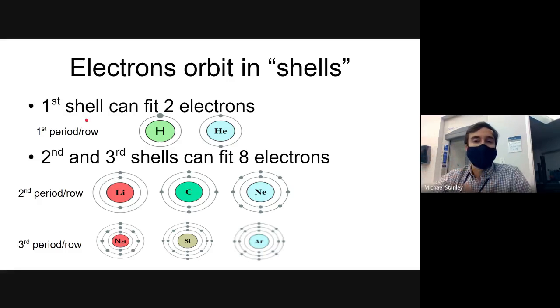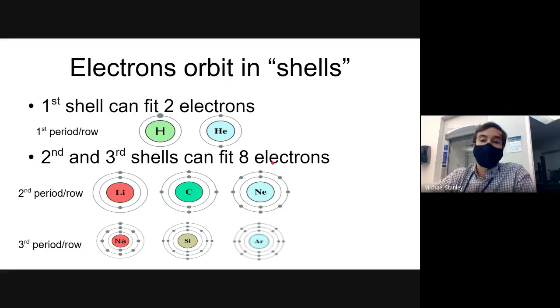And then the other shells build on top of that. So the second electron shell is 1 more outside of that, and then the third electron shell is around the second electron shell. So we have the closest in first shell, and then on top of that is the second shell, and on top of that is the third shell.